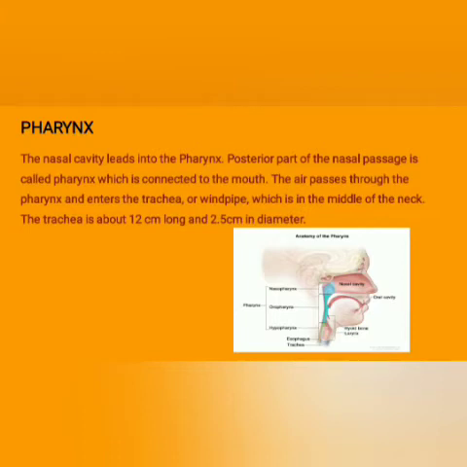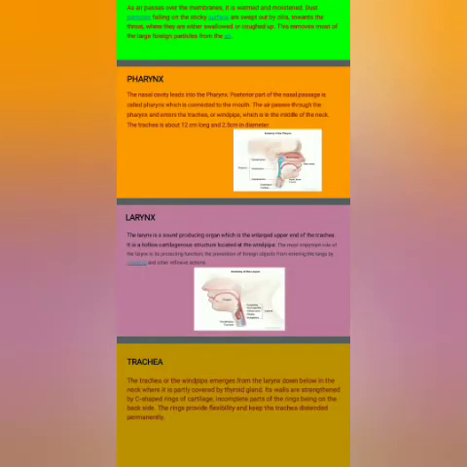When not in use, the food tube is partially collapsed. Why? Because it has soft walls. And the entrance of the trachea is guarded by a flap called epiglottis, which closes at the time of swallowing food.